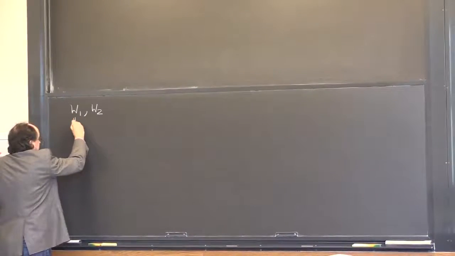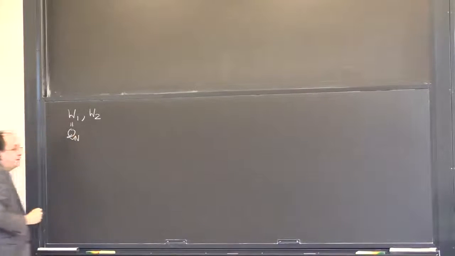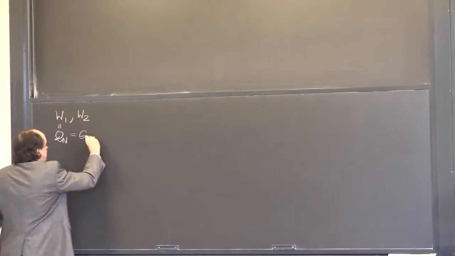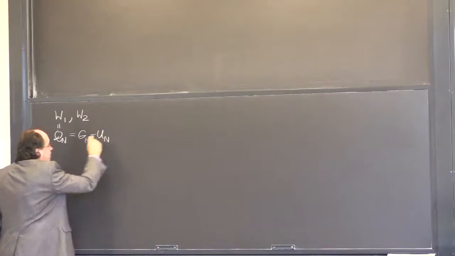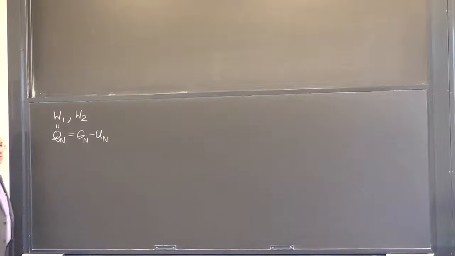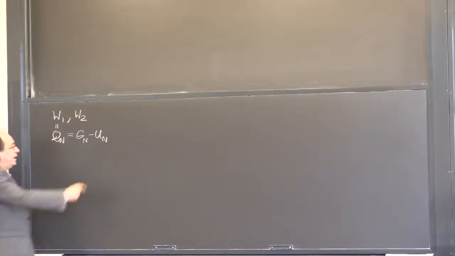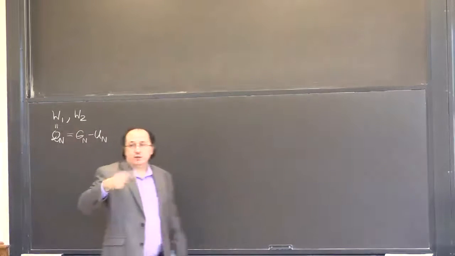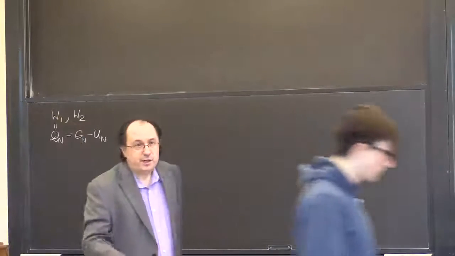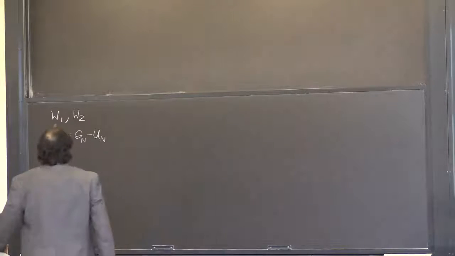The one body piece is Qn, which is the difference between Gn and Un, where Gn is the one body operator that originates from normal ordering for the V, and Un is the one body operator that we propose to use in perturbation theory to build the unperturbed Hamiltonian.